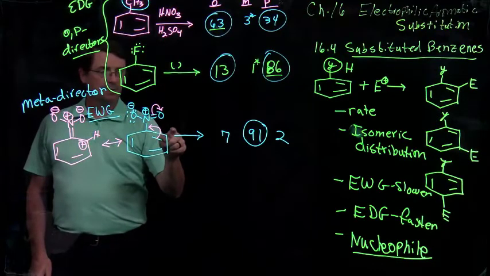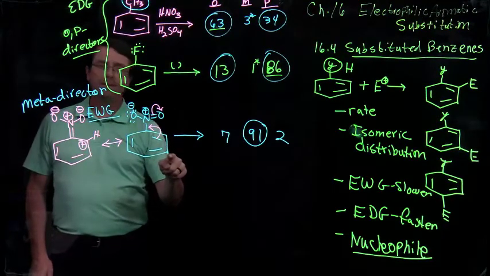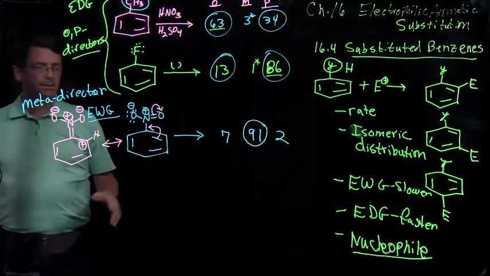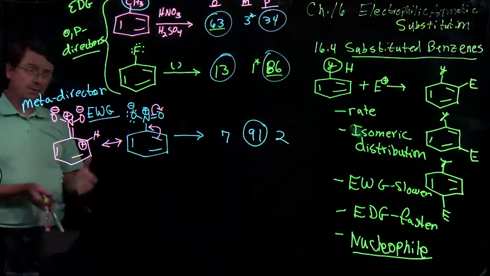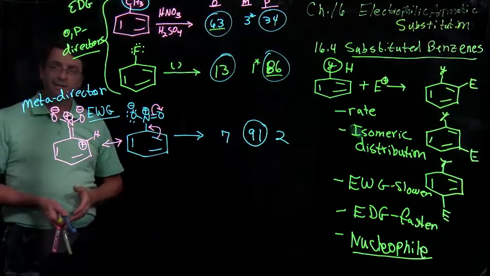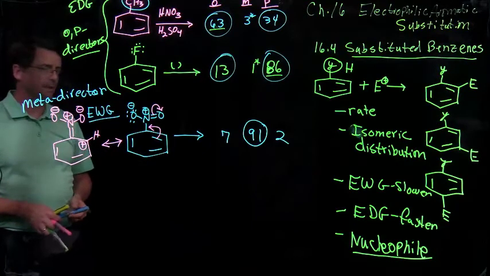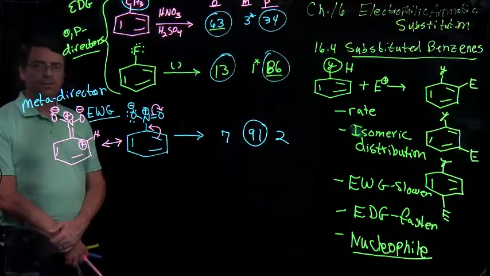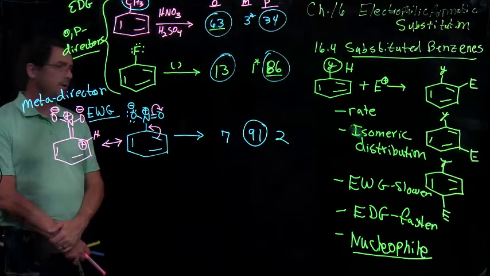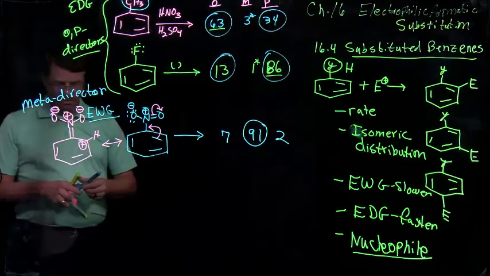Ortho substitution would be the most polar, and then the meta substitution would be intermediate in polarity, and so boiling points would be different. Melting points might be different also, so you can do fractional crystallization, or you can do fractional distillation of these, or as a last resort, you can do chromatography to separate them, because they would typically separate on chromatography. All right, so there's the nitro group, and then finally one more.